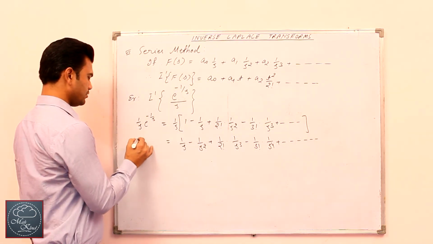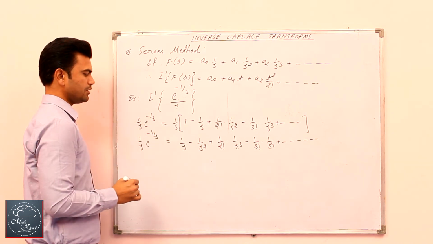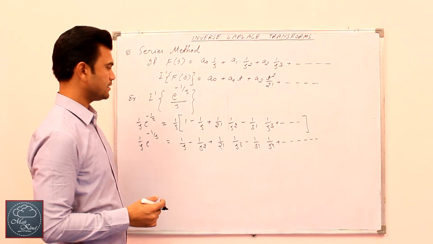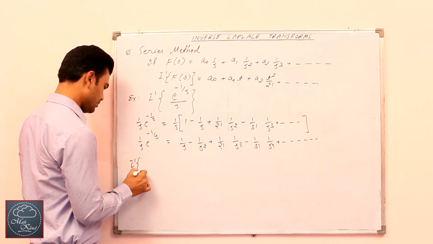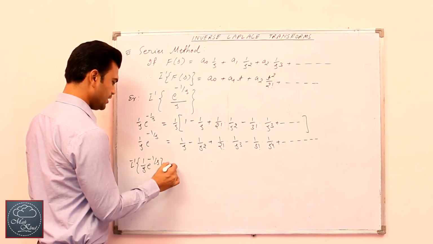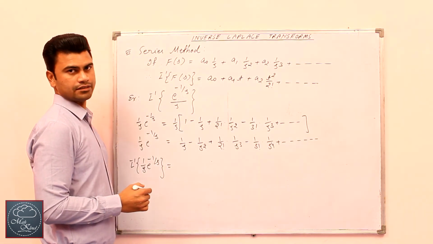So this is your given function, 1 by s e to the power minus 1 by s, when expressed as a power series. Now when you invert here, you find the inverse Laplace transform of this function. So this will be given by the inverse Laplace transform of this series.